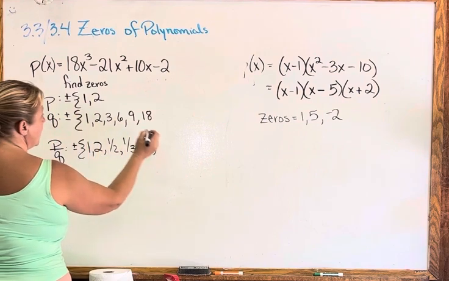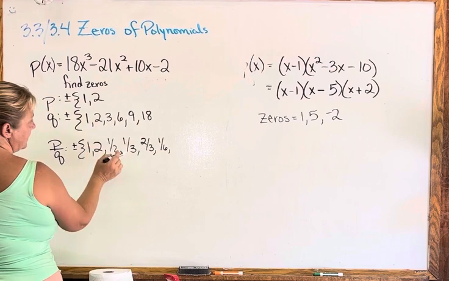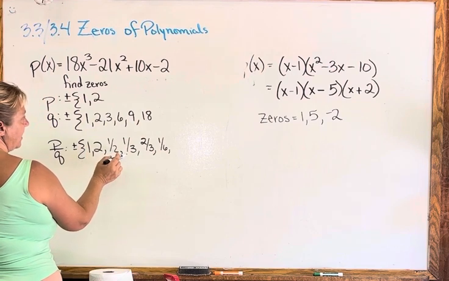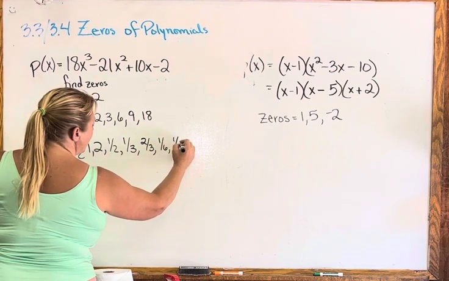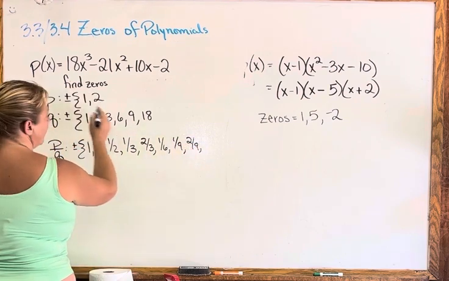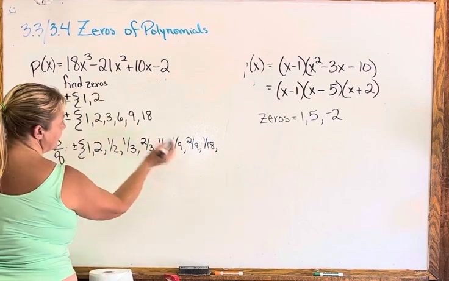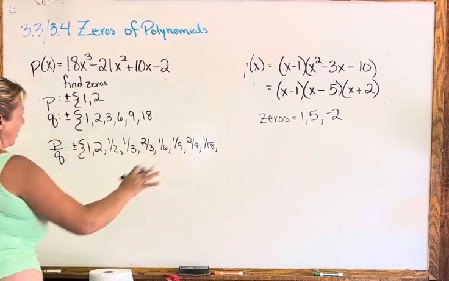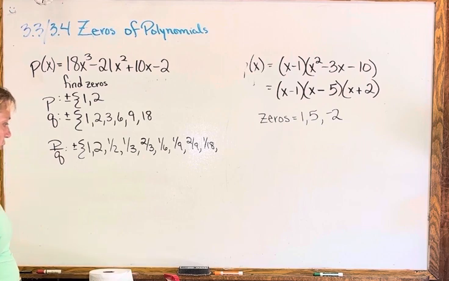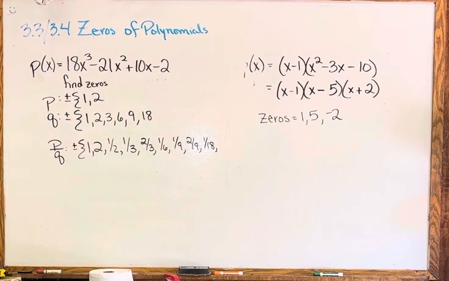Then we're going to have 1/6, and 2/6 is the same as 1/3, so we don't need to write it down again. Then we're going to have 1/9 and 2/9. Then we're going to have 1/18, and 2/18 is 1/9, so we're good. That's our list. What a royal pain in the butt, okay?